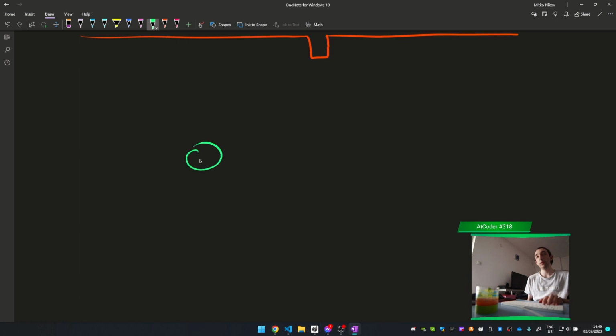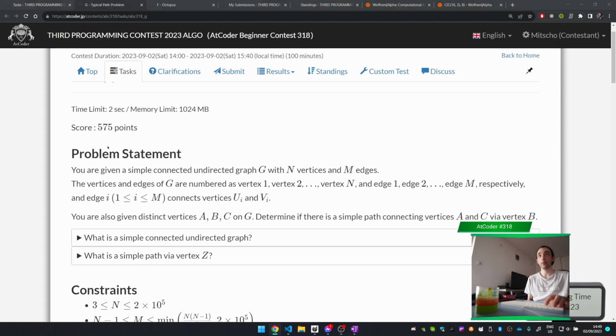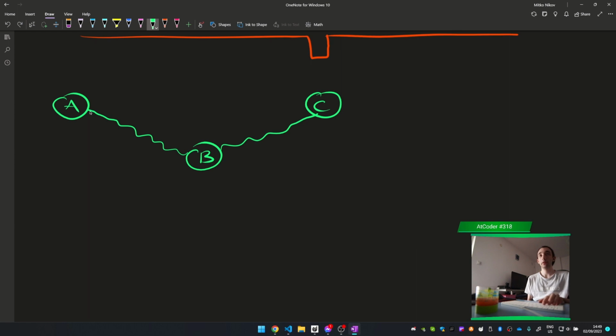So if you imagine in a graph, there would be A, B, and these 3 points, and a simple path won't have any intersection between these two things. This is an undirected graph, right? Yeah. Simple connected.